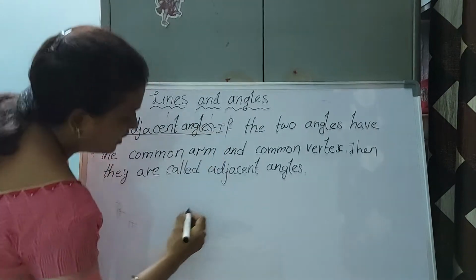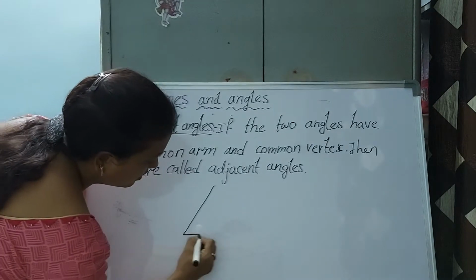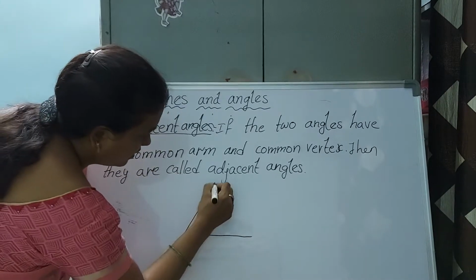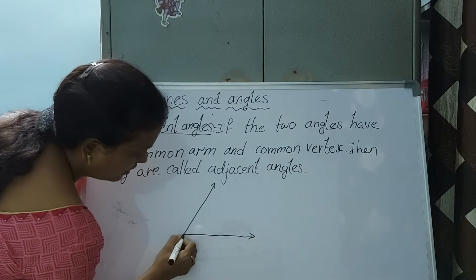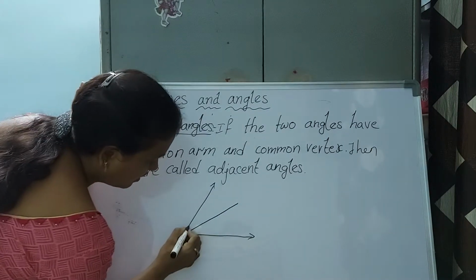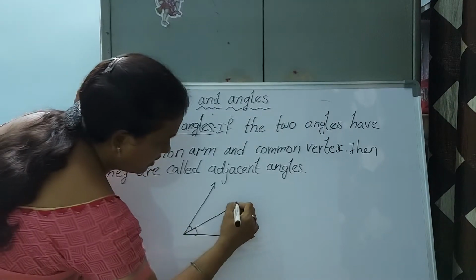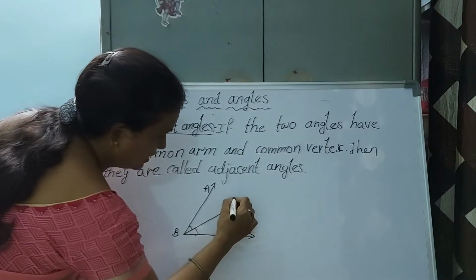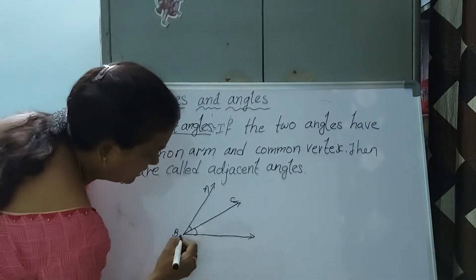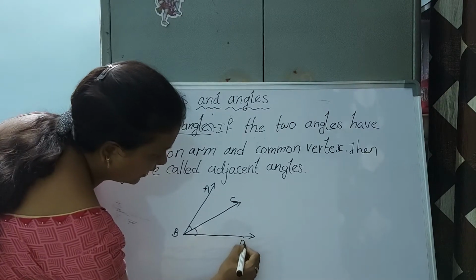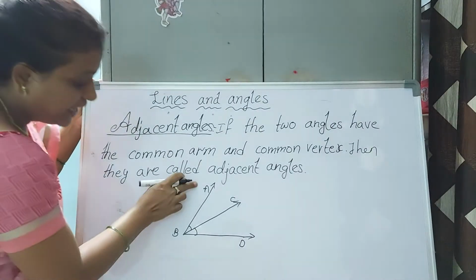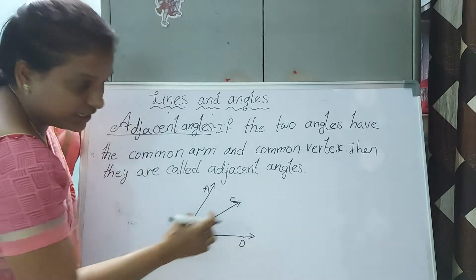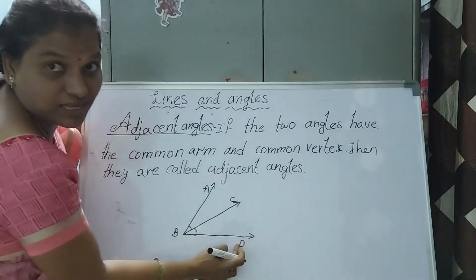ABC is one angle and CBD is another angle.